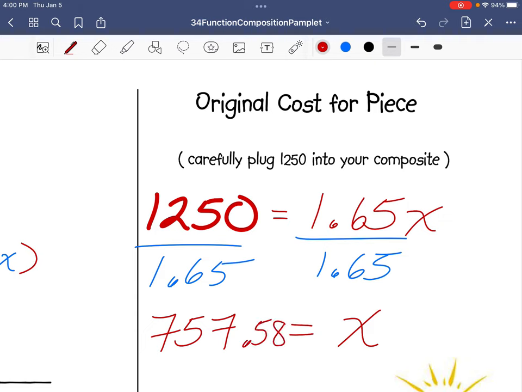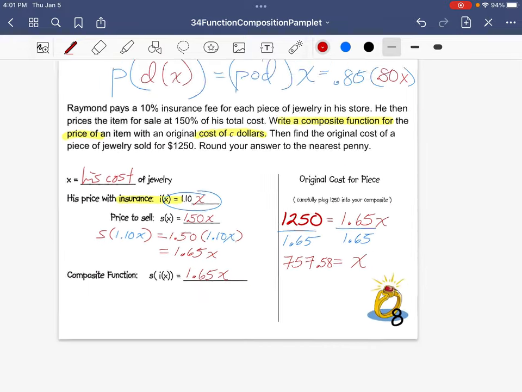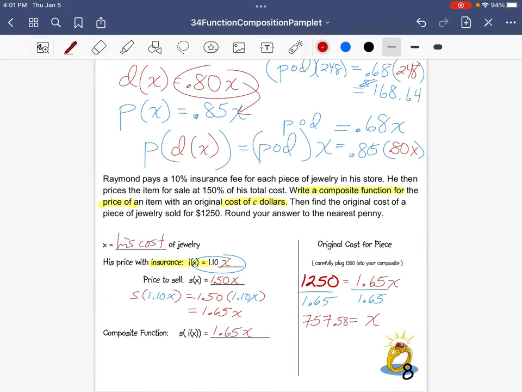That means he purchased that jewelry for about $7.57, but he's selling it in a store for $12.50. That's the way it works. And that's how it works when you have function composition, thinking about some prices, some discounts, and some costs.